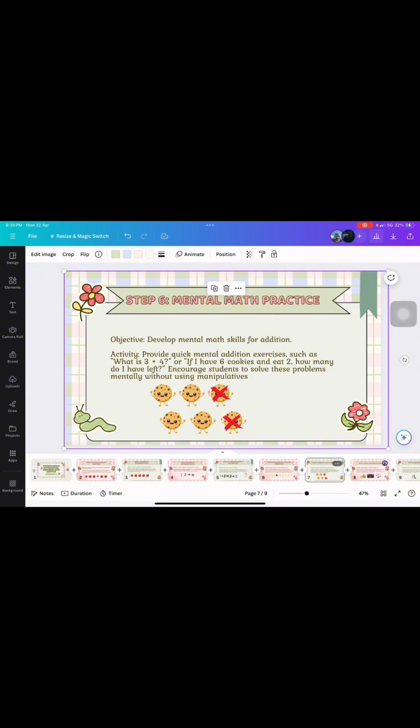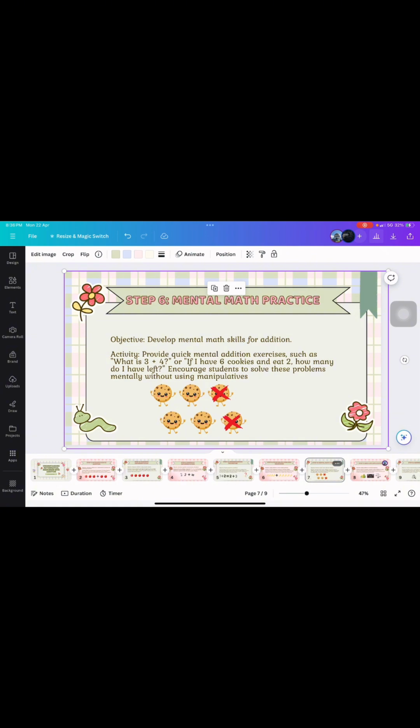Transitioning from the previous activity, engage students in quick mental addition exercises to reinforce their addition skills. Pose questions such as, what is 3 plus 4, or if I have 6 cookies and eat 2, how many do I have left? Encourage students to solve these problems mentally without using any physical objects or writing down calculations. This challenges them to rely on their mental math skills and number sense.